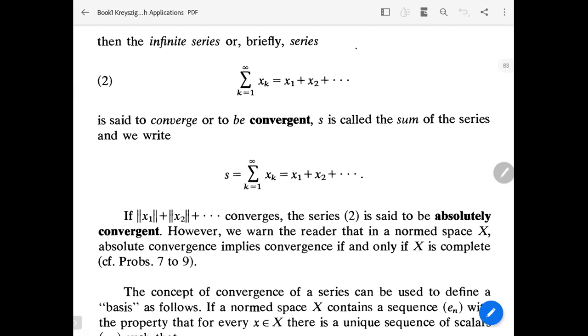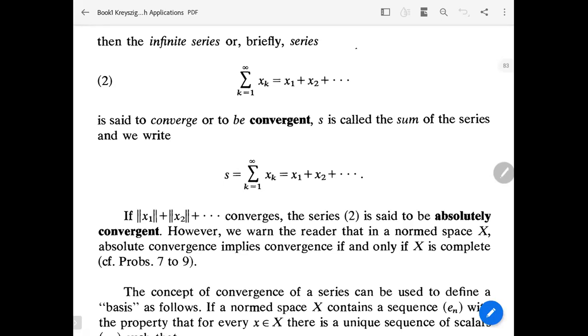So in vector spaces, norm spaces, we will say that absolute convergence implies convergence if and only if the space is complete.